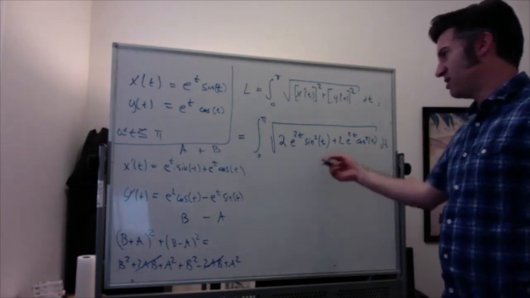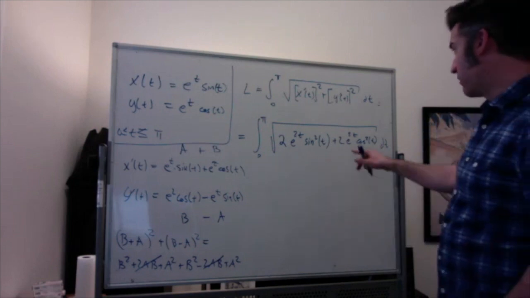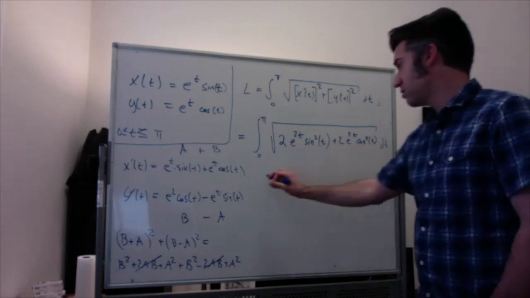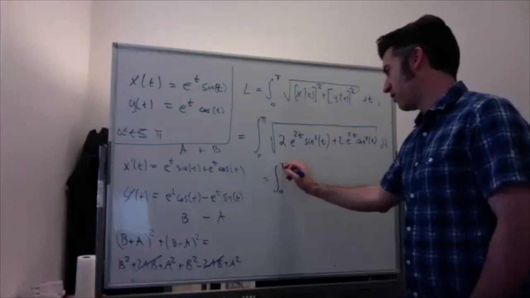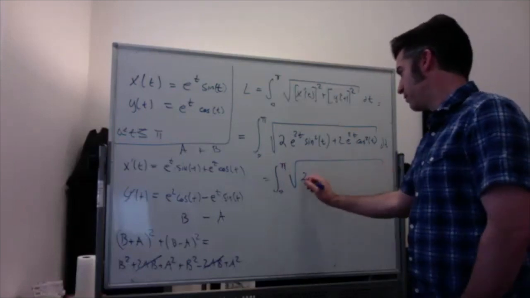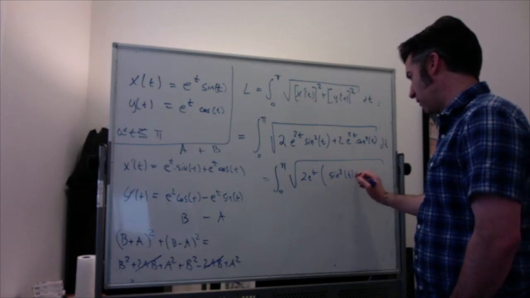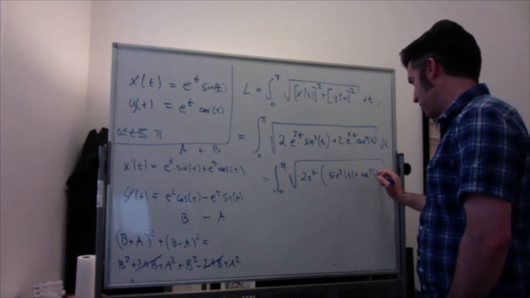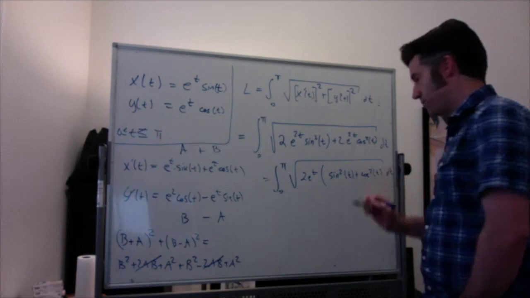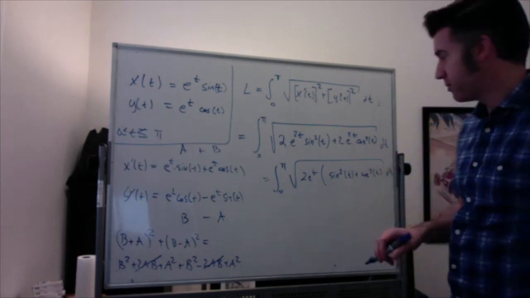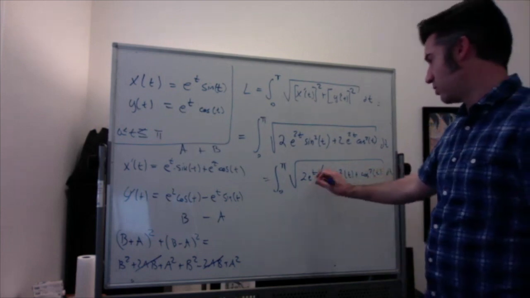Okay, well now this is actually not terrible at all. So we can factor out a 2e to the 2t. And I think everybody knows that sine squared of t plus cosine squared of t is 1. And so then we're just left with the square root of 2e to the 2t.